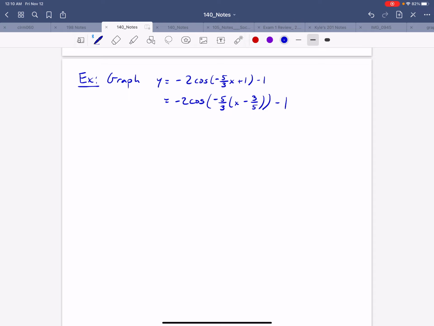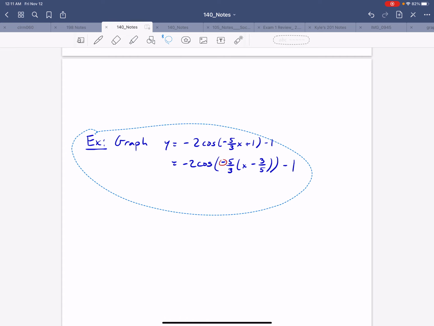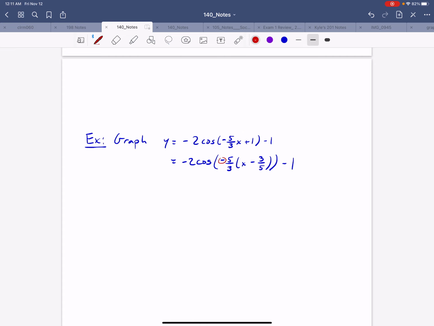Now, this is a little different here because of this negative sign. We haven't seen this negative sign before with cosine. Remember, with sine, because sine was odd, we could say sine of negative x is the same as negative sine of x. Well, there's something similar happening with cosine, but it's actually even nicer. Let's stick a fact right over here.